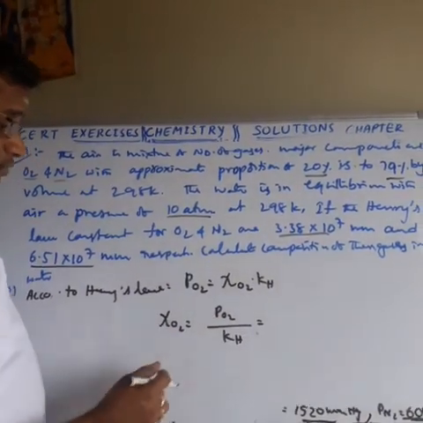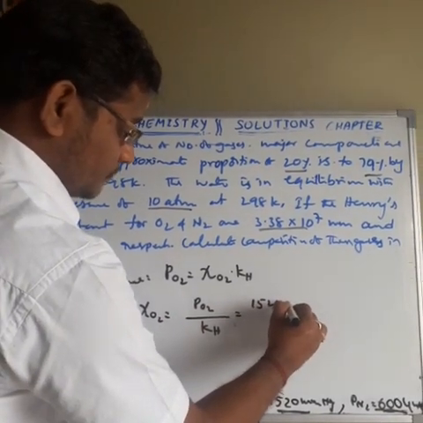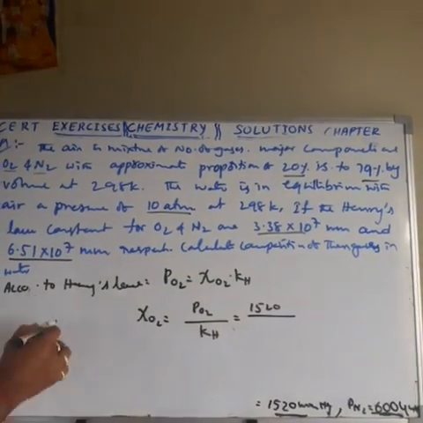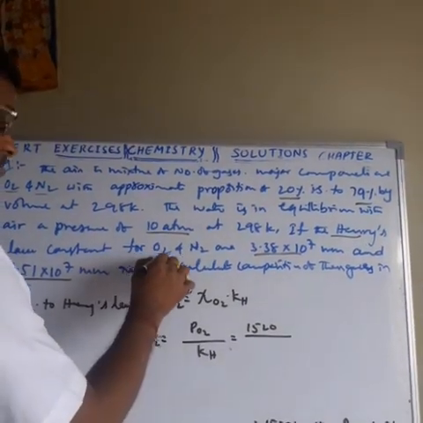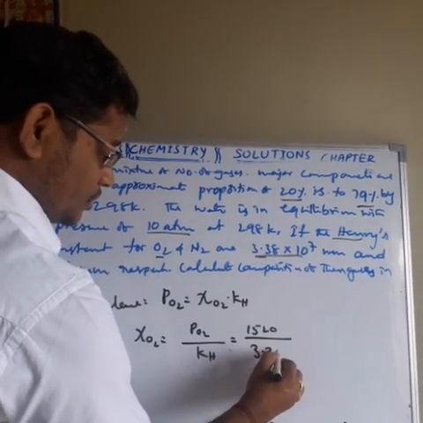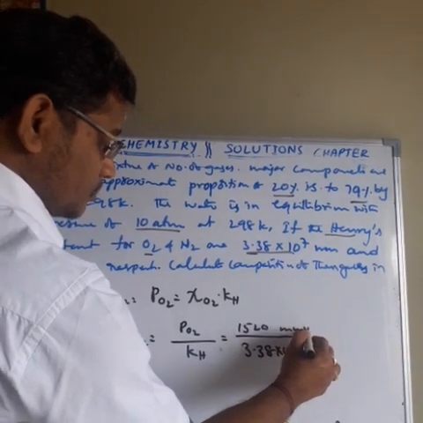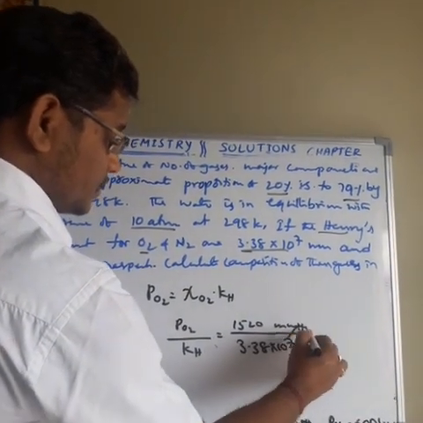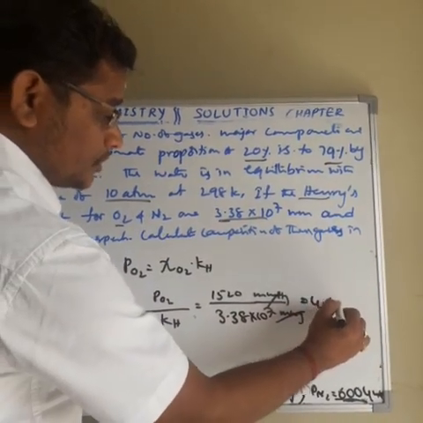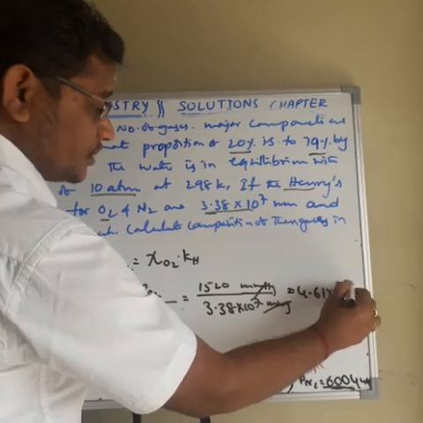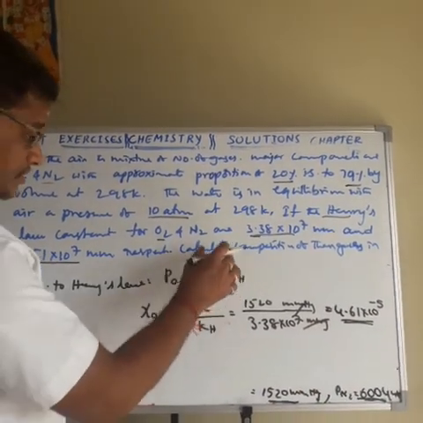The partial pressure of O2 we just calculated is 1520 mm of mercury, divided by the Henry's law constant for oxygen, 3.38 into 10 power 7 mm of mercury. The mm of mercury cancels. Its value is 4.61 into 10 power minus 5. So this is the composition of oxygen in the water.